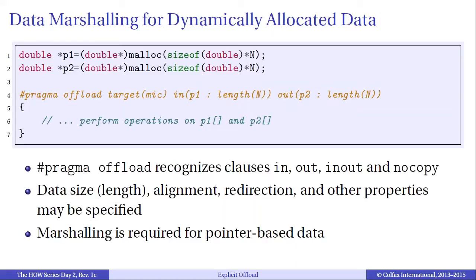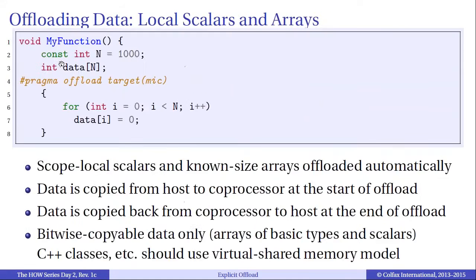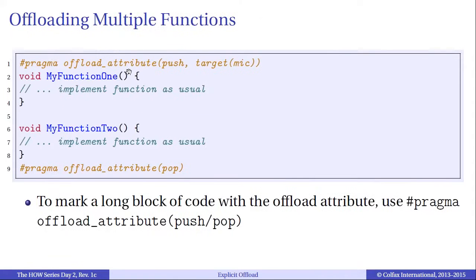And also before I go, I'm talking about the pragma offload. I'm talking about the explicit offload model, and the API that I'm talking about with pragma offload is called LEO, Language Extensions for Offload. This is Intel proprietary syntax, and this is supported only by the Intel compiler.